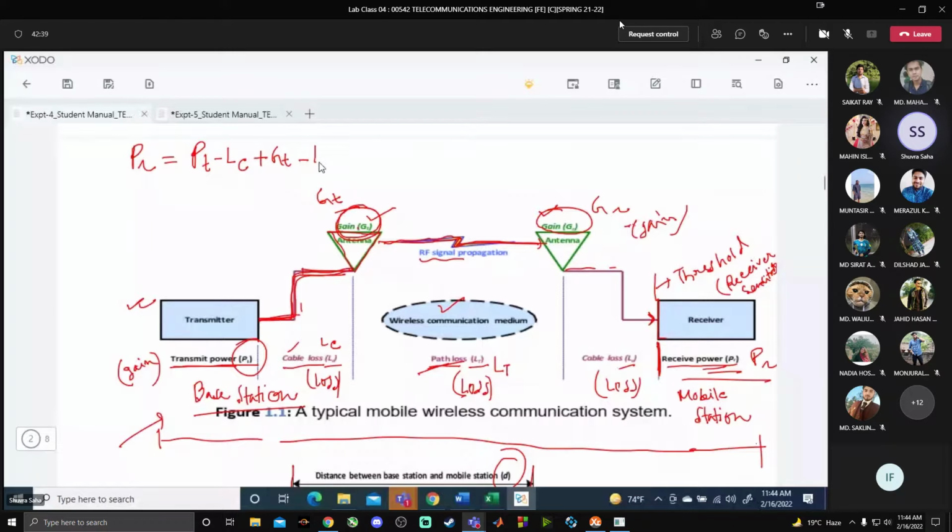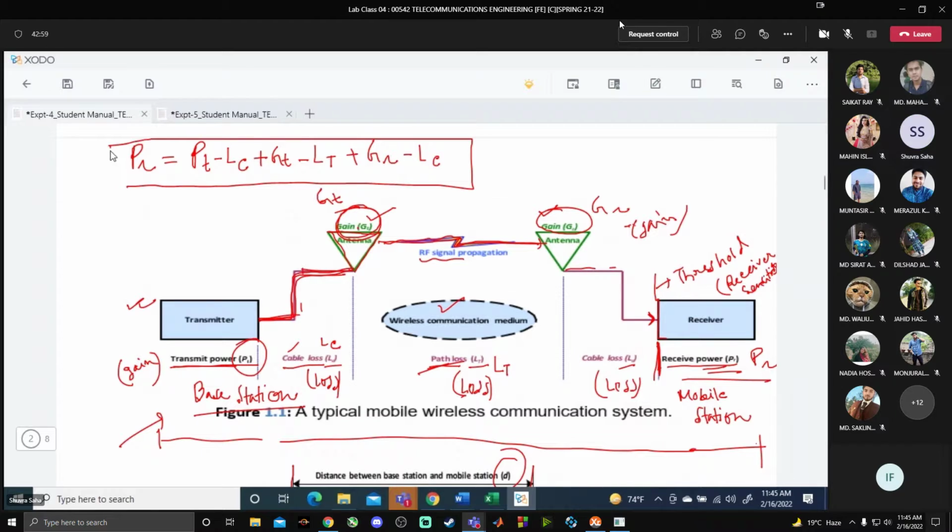Minus LT. Okay. After that? Sir, again plus, GR. Good. Then? Sir, then minus cable loss. Good. So we have come up to PR, right? Did you understand this equation? We can calculate PR like this.